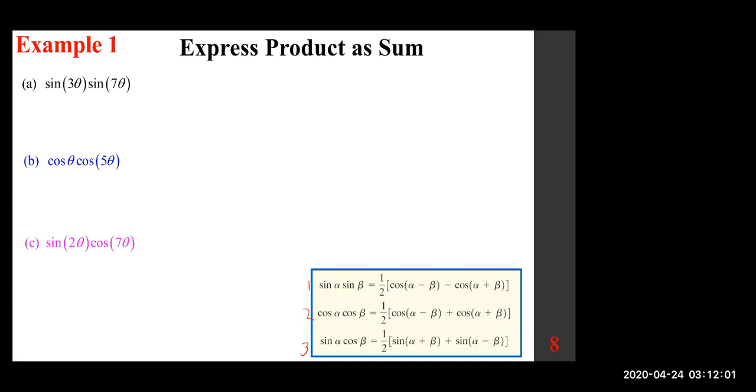Part A looks like number 1, 2, or 3, everybody? I can't hear you. Part A looks like 1, 2, or 3? Number 1. Why does it look like number 1? Because both of them are sine: sine 3 theta, sine 7 theta. Do you see that, everybody?